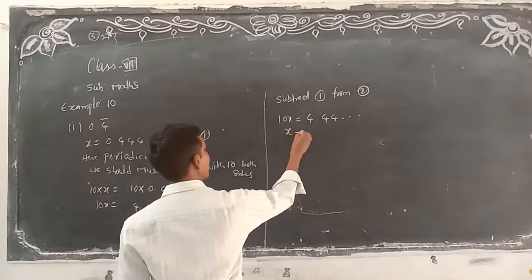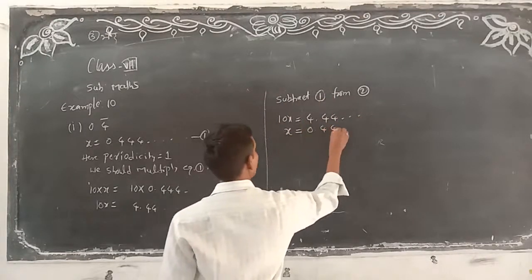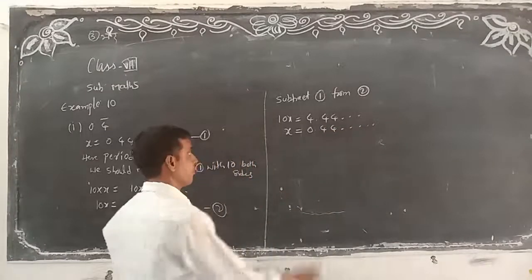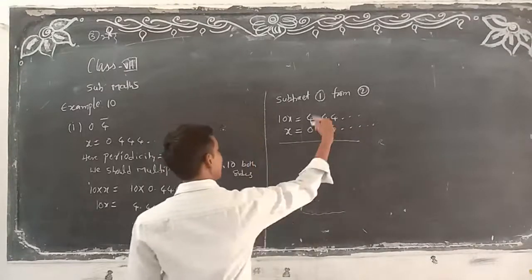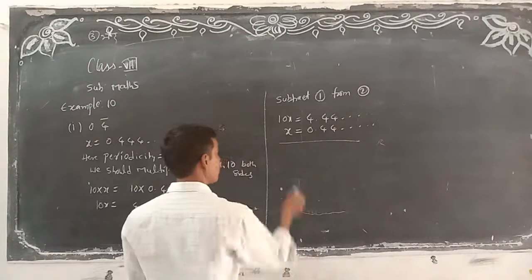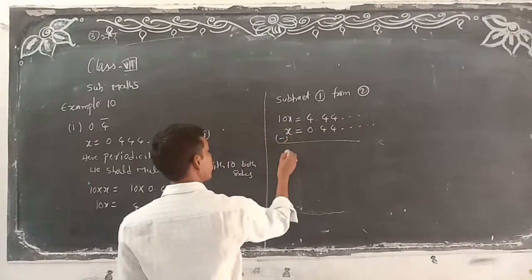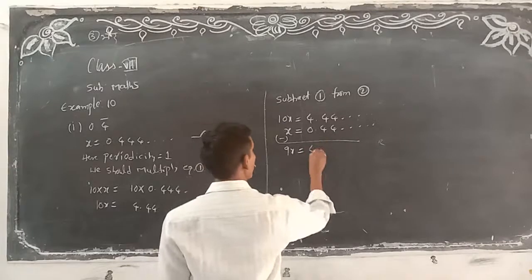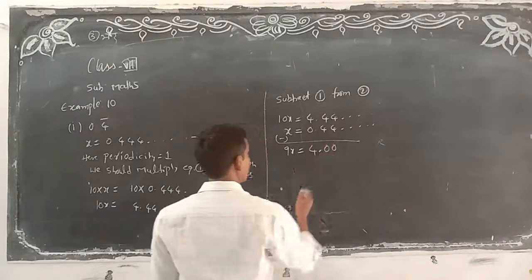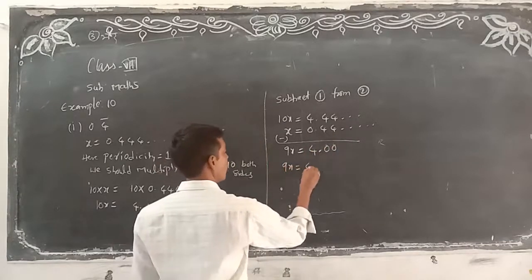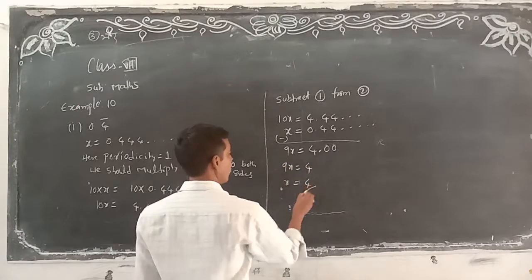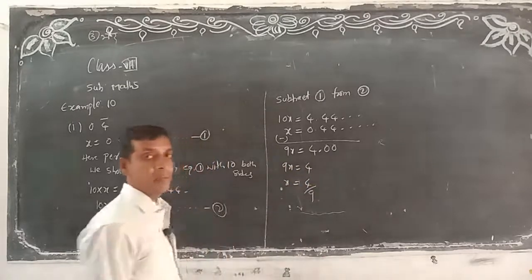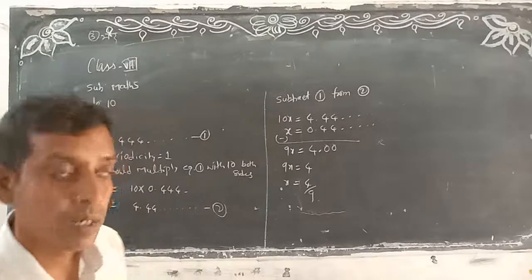What is the first here? x is equal to 0.444... Next, write down one more 4 again. Do the subtraction: 10x minus 1x is 9x, and 4.00 gives 4. So 9x is equal to 4. x is equal to what? 4/9. This is called the p by q form.